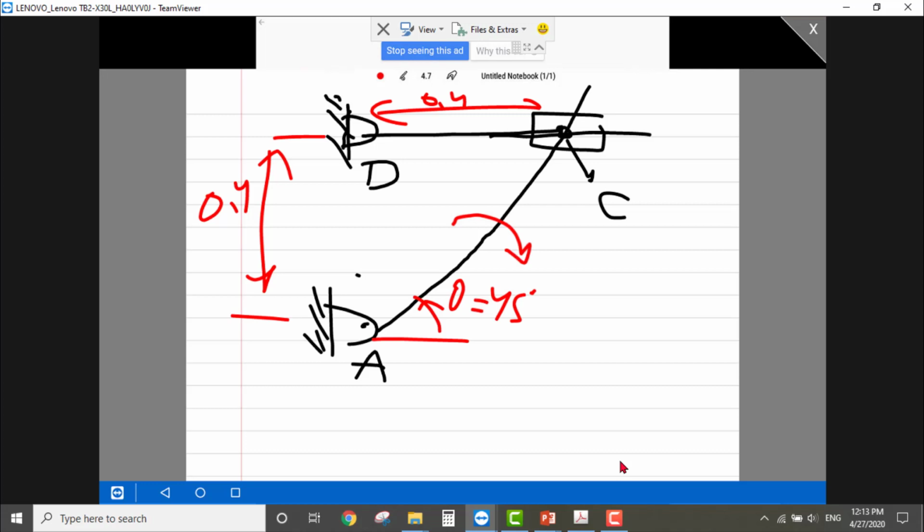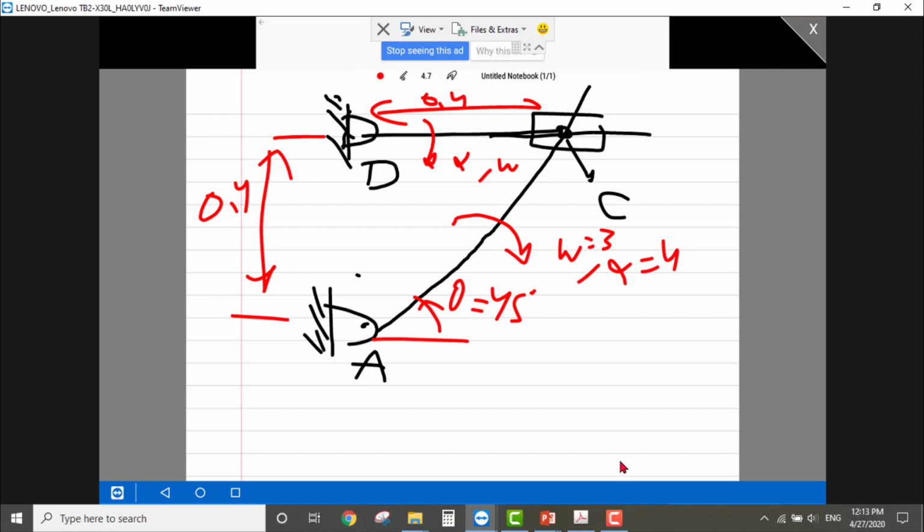Here we have the given information that omega is equal to 3 and alpha is equal to 4 rad per second squared. So that's all the information. We need to find alpha and omega. If this is rotating in this direction, maybe this one will rotate in the same direction.